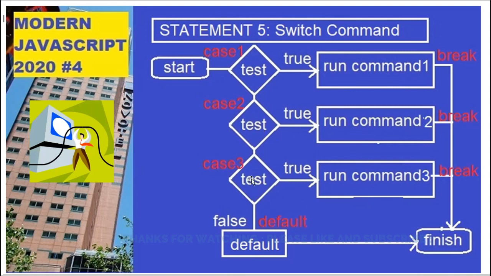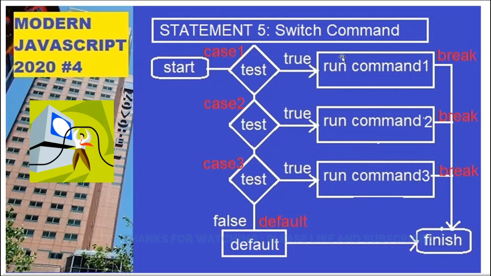Test 3 would be if X equals 3, run command 3. Otherwise, it would go down here to the default condition and run the default command, which would be print X equals 5, for example. And then they finish.